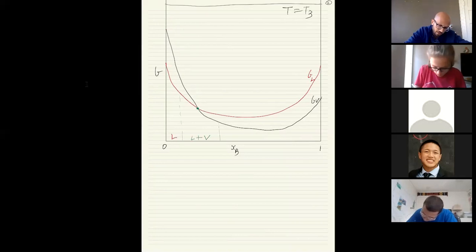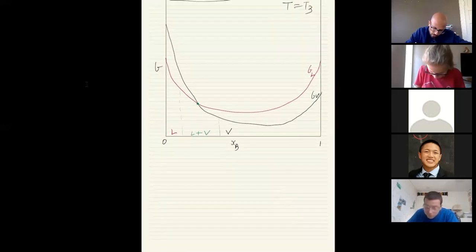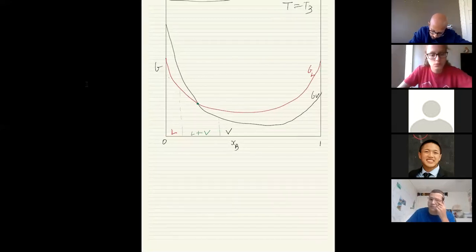To the right of it, it's going to be vapor. Why does this two-phase existence happen? The reason is that if you draw a line here, let me first draw the line and then I'll explain what exactly it is. It's a line that touches this curve and touches the black one.